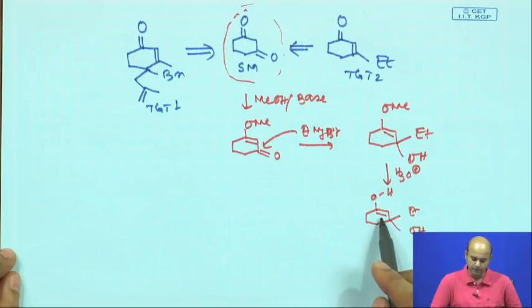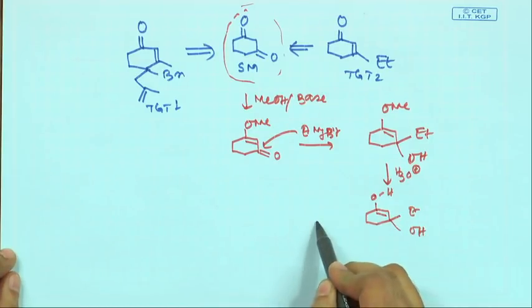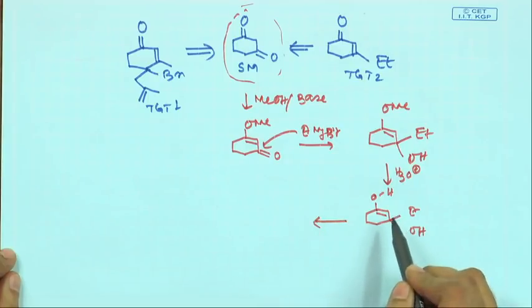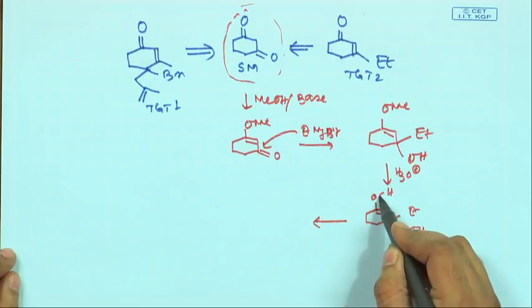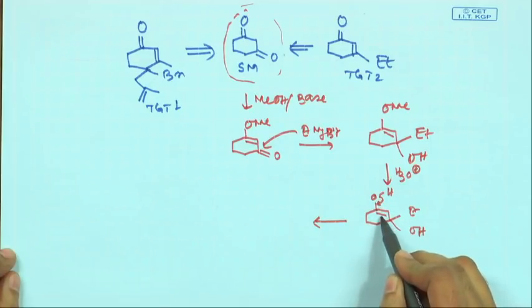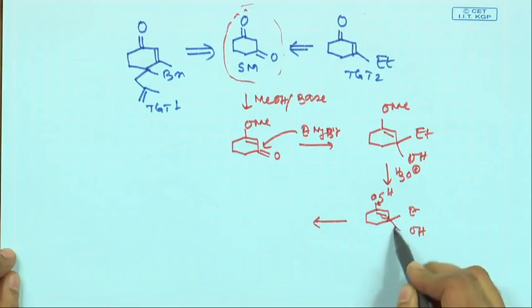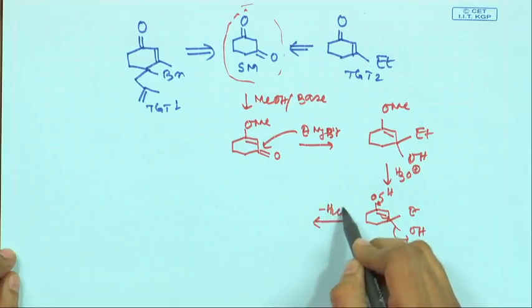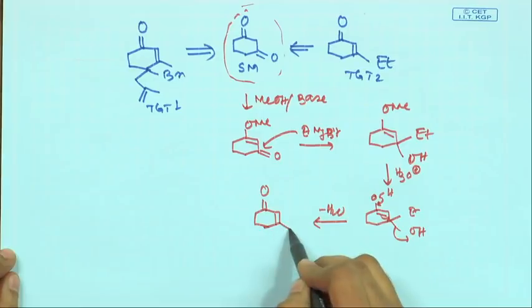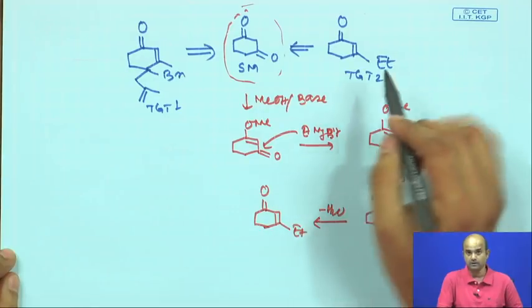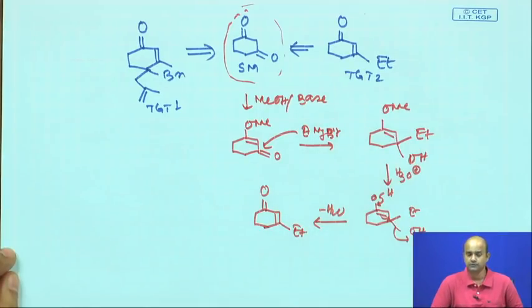Now, this compound is basically an enol. Enols have an instant tendency to tautomerize to the parent ketone, but in this case it is not simple tautomerization, it is also followed by an elimination of a water molecule, and you will get target 2 which was initially asked.